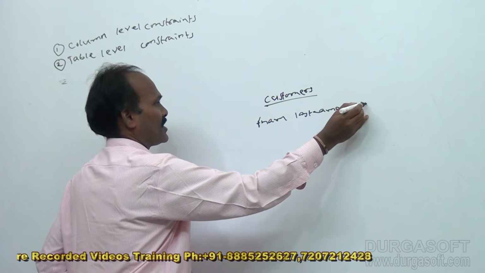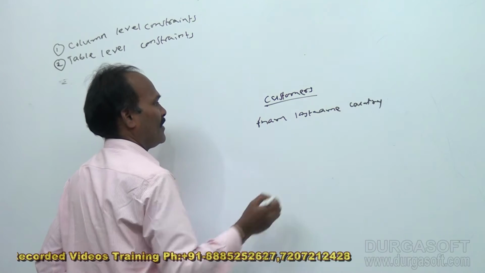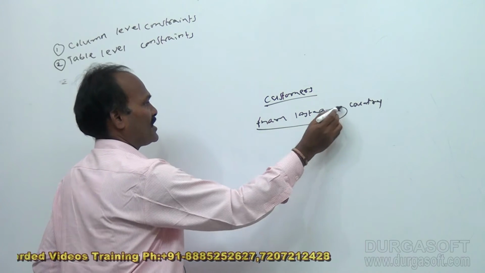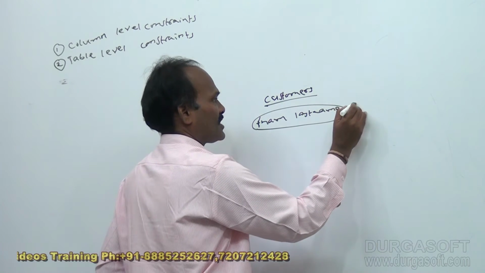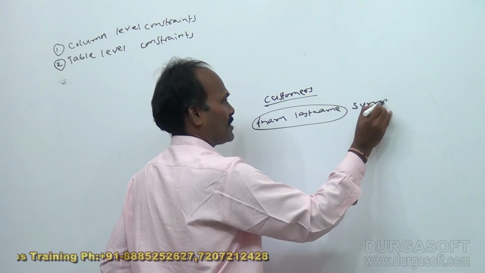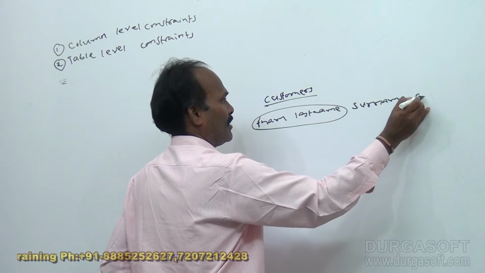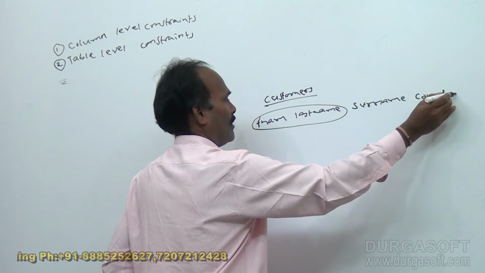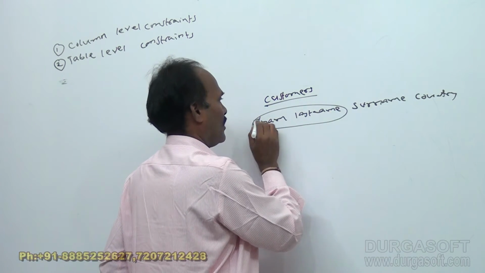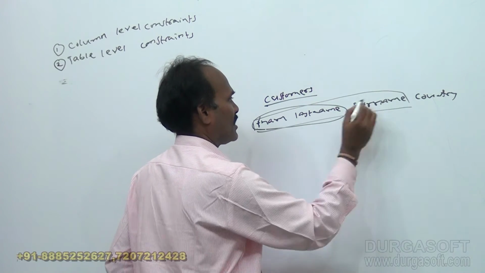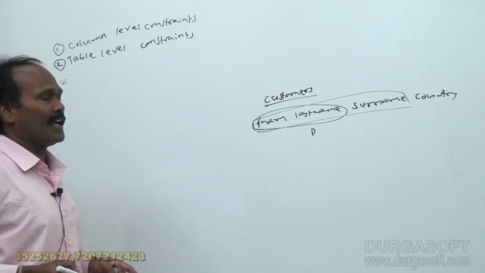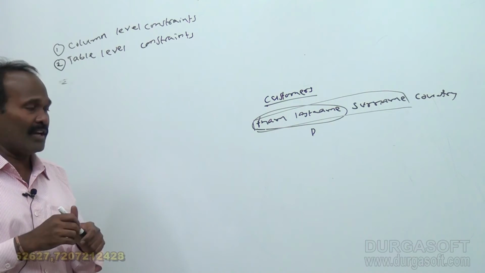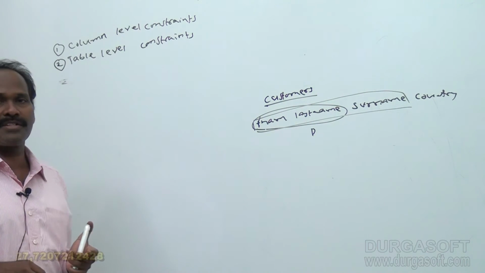Now if you give a primary key for first name, last name, and surname also, a combination of these primary keys is called a composite primary key. Such primary keys can be given by using table level constraints.